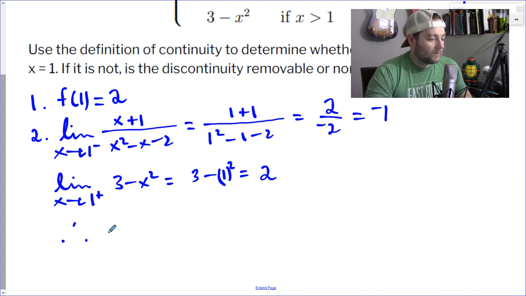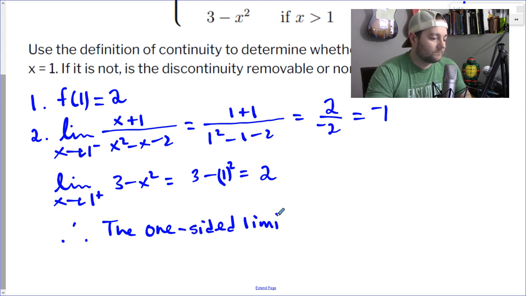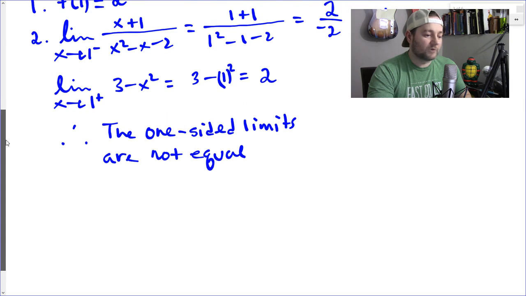All right, so we said, therefore, the one-sided limits are not equal. That's huge. That's probably one of the first things you learned in your calculus course when you're talking about limits.